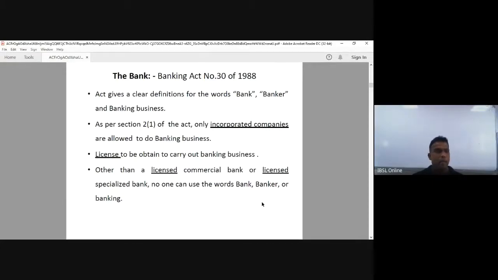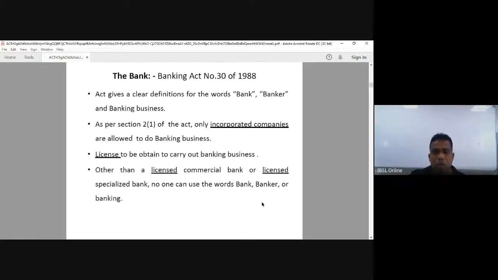Are we permitted to do any type of business? Can we lend money? Can we charge interest? Can we do leasing, hire purchase, once we obtain a banking license? So then what is banking business?